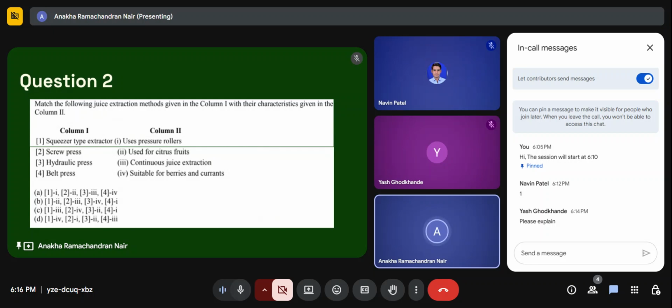So which juice extractor will you use for which type of end product?